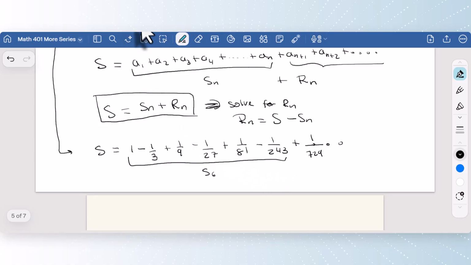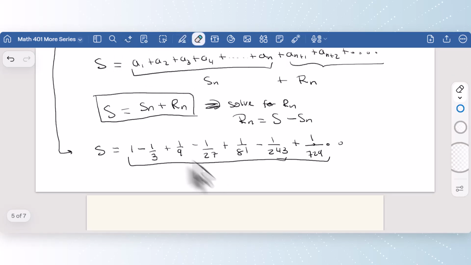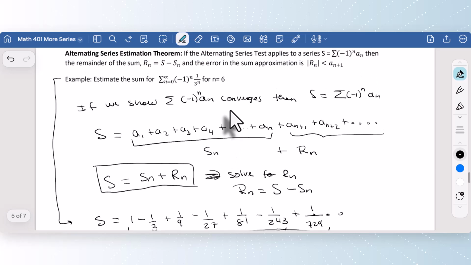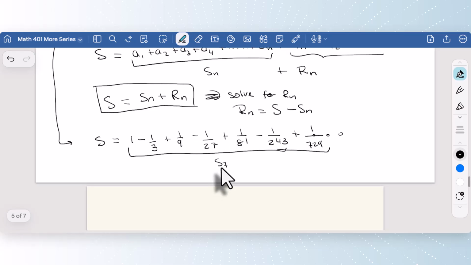So this will be our S. It's not really S6 then, it's S7. This is a little weird because it asks for when n is 6. Because we start at 0, n is 6 actually gives us 7 terms.